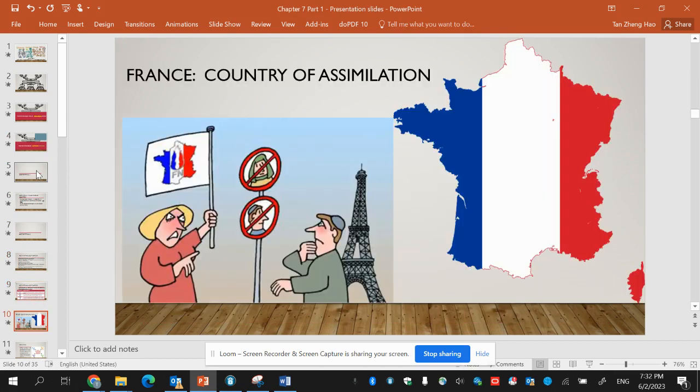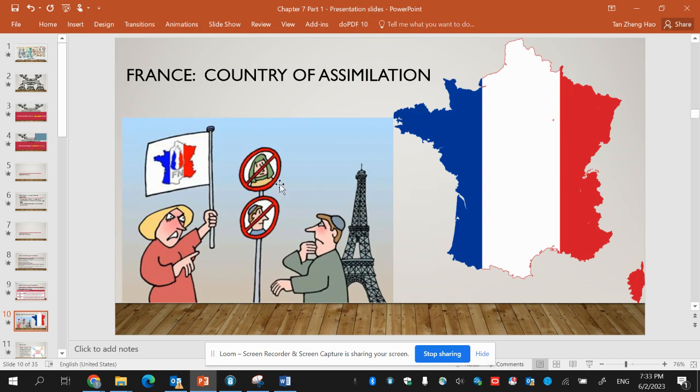In France, the way they manage different cultures is using this method called assimilation. You can see in this picture, this woman carrying what looks like a French flag seems to be scolding this person who looks like he's in religious attire, could be Muslim, could be Jewish, can't really tell from here.